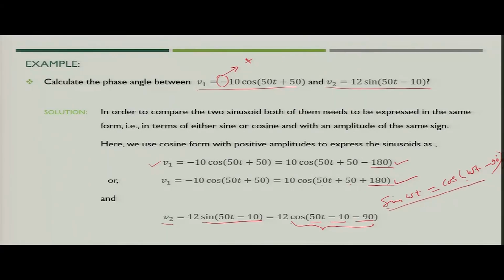Now, if you use this value, this expression will become 12 cos(50t minus 10), which is anyway coming from here, and then you just add minus 90 degrees. In this way you are converting the second voltage signal from sine to cosine.